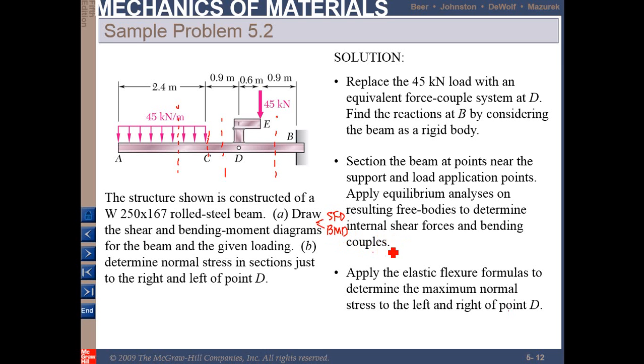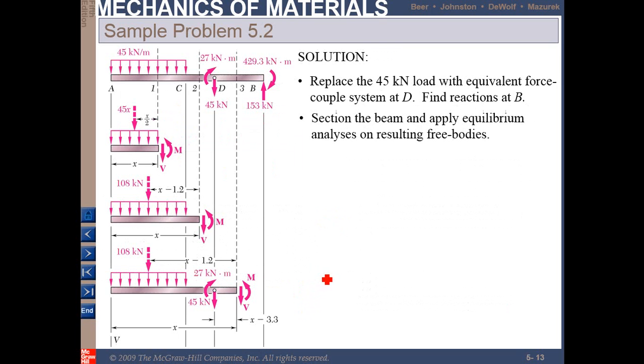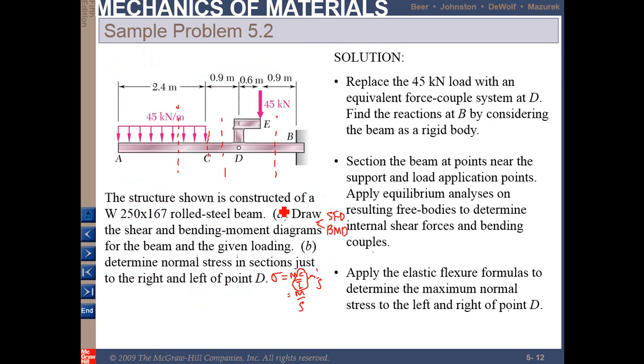Okay, and then to solve question B, you have to apply, as I said, the equation normal stress is equal to Mc over I, in which I over c is S, so it is M over S. Okay, so let's do this.